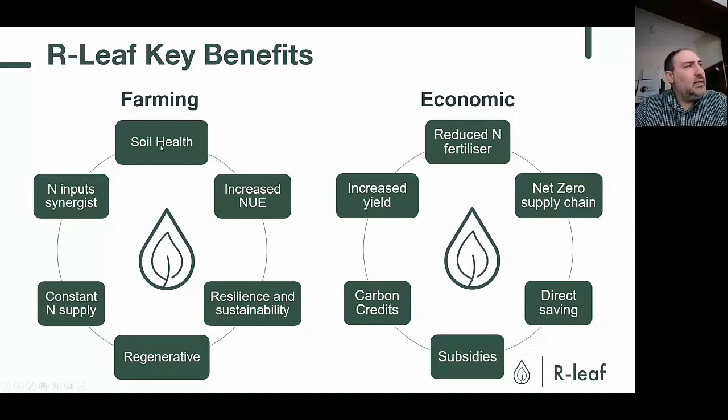On the farming side, soil health, increased nitrogen use efficiency, because whatever is released from the soil as nitrous oxide from the fertilizer that has been applied, that is something that we recover. Resilience and sustainability, soil health related again, regenerative agriculture, constant nitrogen supply.